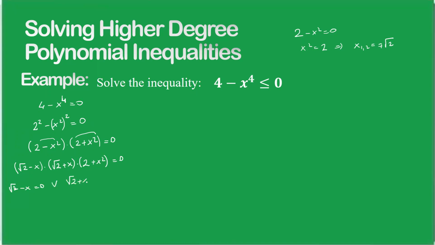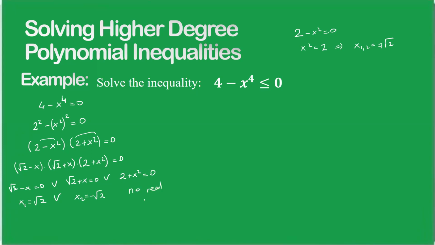And also here, square root of 2 minus x is equal to 0, or square root of 2 plus x is equal to 0, or 2 plus x squared is equal to 0. The first one is square root of 2, or the second one is minus square root of 2, and here no real solution.